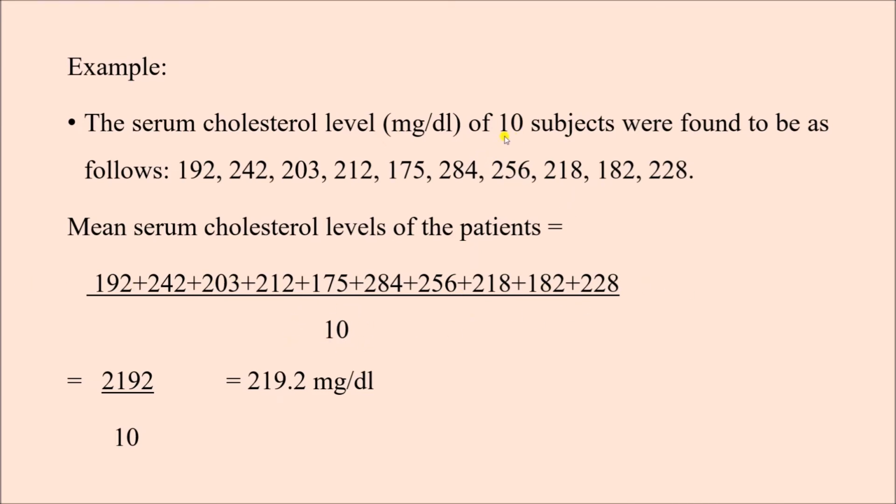It is already mentioned that there are 10 subjects. If it was not given in the question, we could have just counted how many values we have here. So the average is 219.2 mg per dl. Always remember, mean has the same unit as the individual observations. This is important.